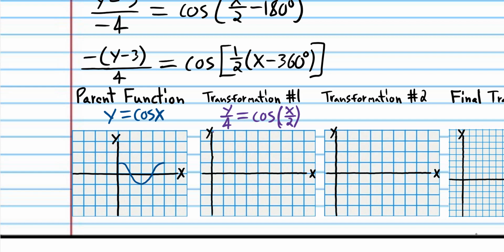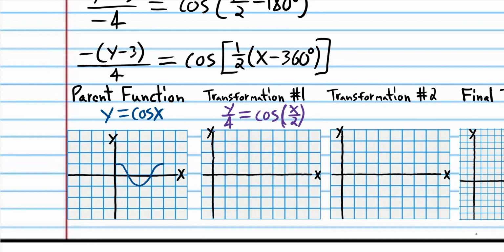So now let's graph that. It's going to stretch vertically by a factor of 4, and the new period is going to be 720. So the old period is 1, 2, 3, 4. That's 360. The new period is going to be twice as long, so it's going to go all the way out to here.